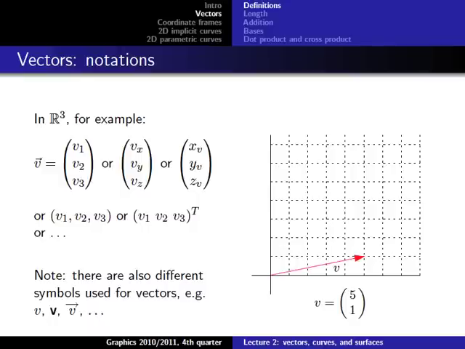Also, there exist different symbols to notate a vector. For example, in the book they use boldface. I often use this arrow on top, actually not consistently. I forgot to update the images, sorry for that. Sometimes the same is used here. So this is bad, don't do that.